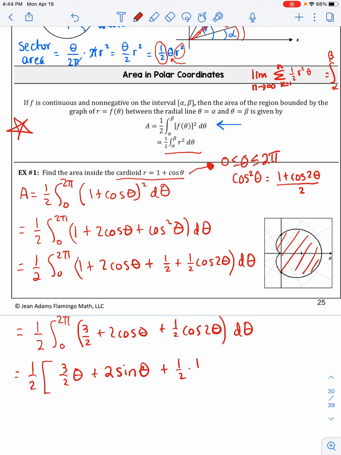And then the 1/2, if the derivative is cosine 2 theta, I need to divide by 2 for the derivative of 2 theta, and then it must have been sine 2 theta.